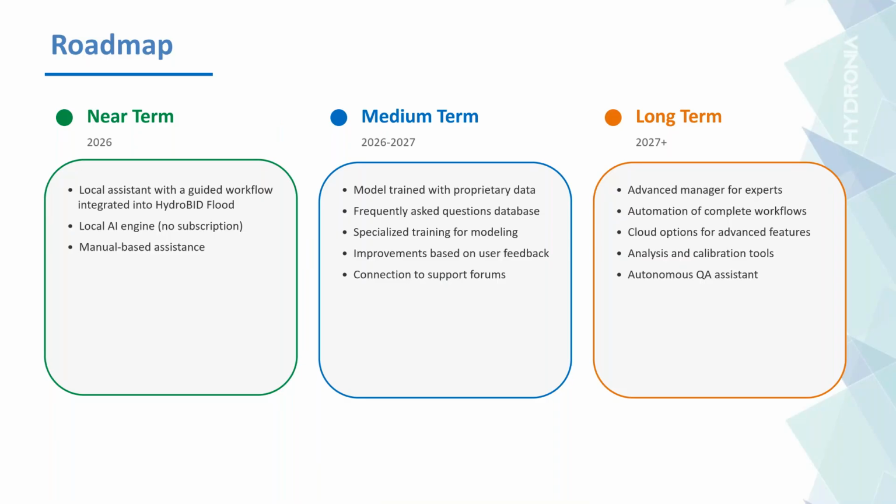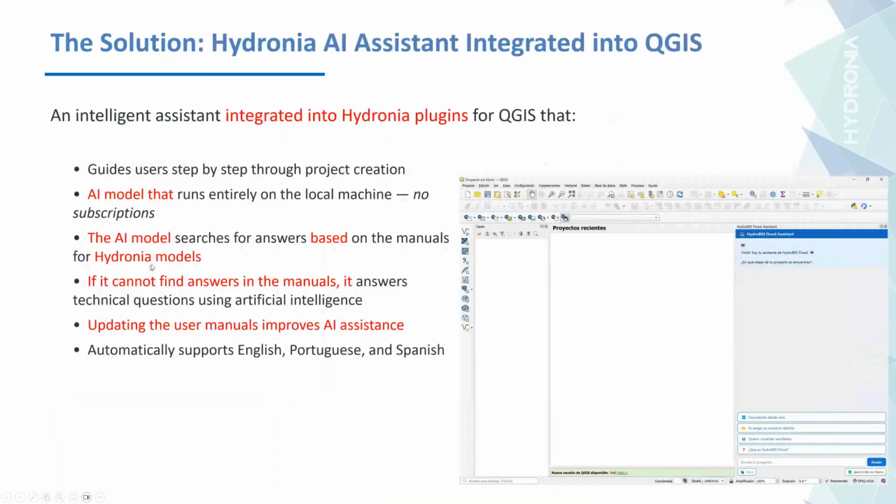We have started already, and we have very encouraging results for the first stage. The idea of this first stage is to have the AI assistant integrated into QGIS. It's difficult to see here, but this is one of the test cases that we have in this initial implementation.